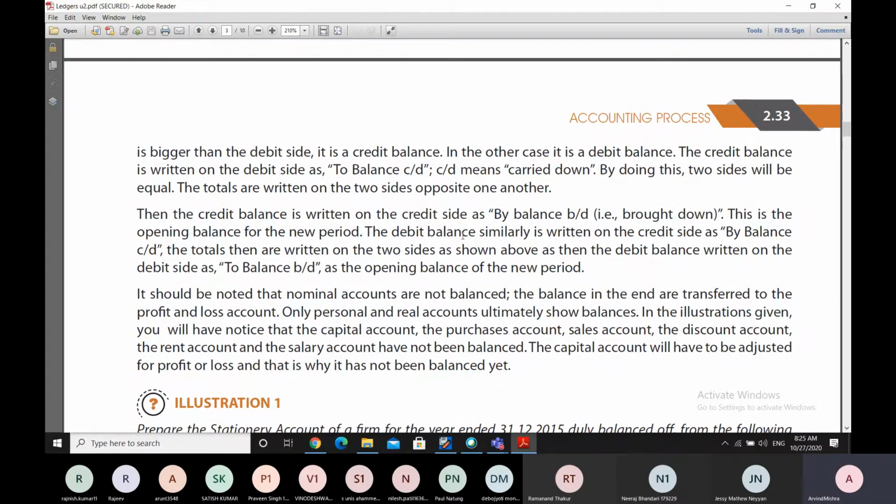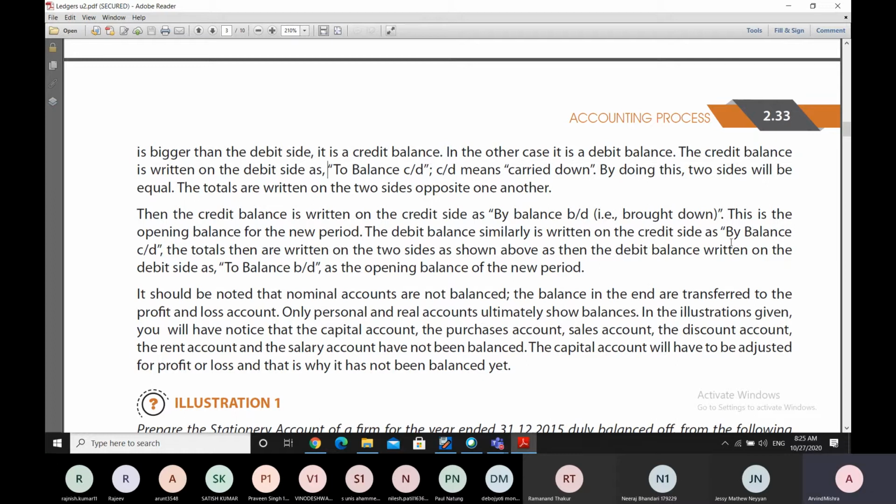Similarly, if there is a debit balance in any account, that is, if the debit side is more than the credit side, the debit balance will be written on the credit side of that account as "By balance carried down". Because we are writing the entry on the credit side, we start with "By".